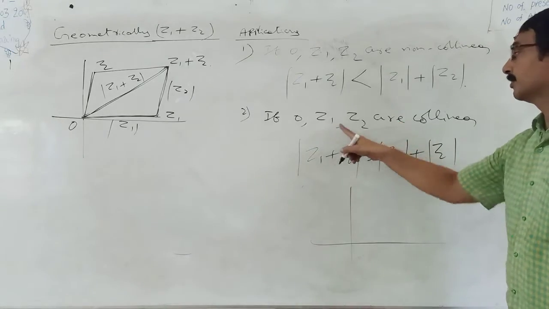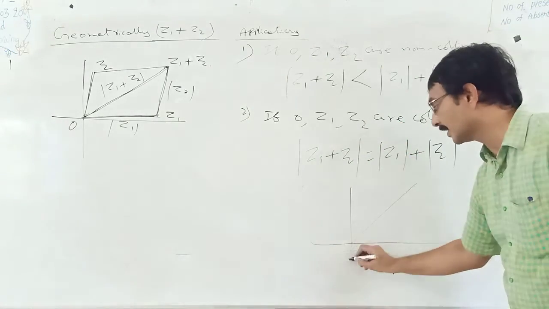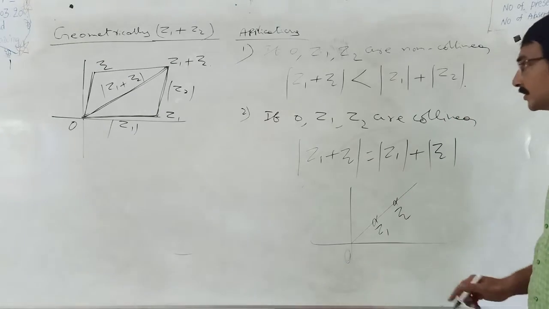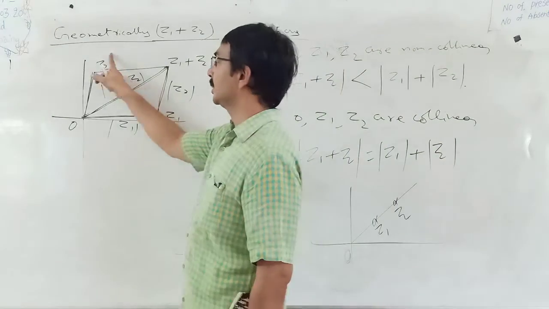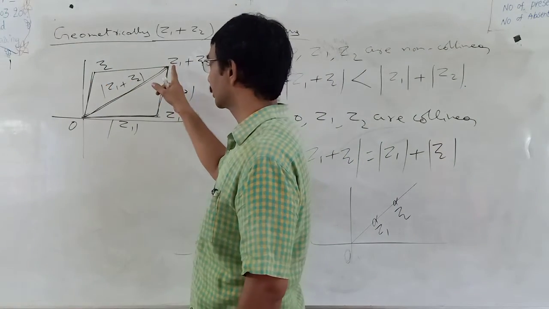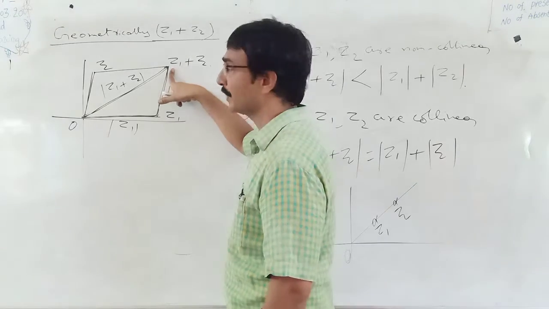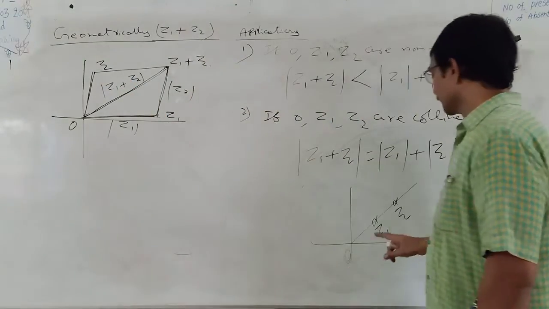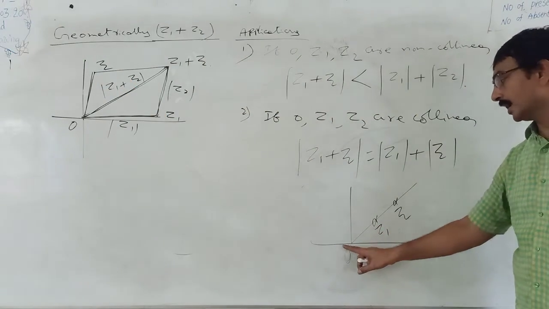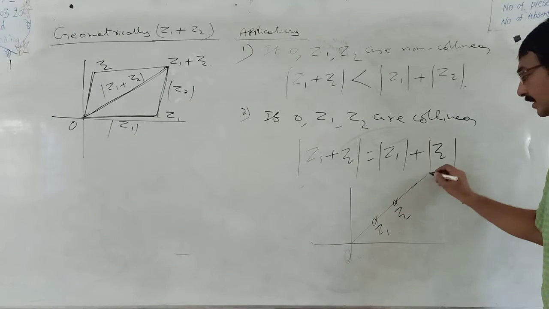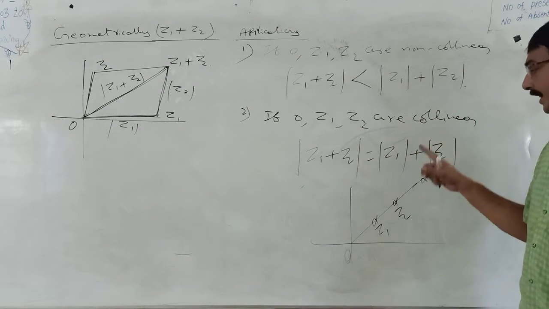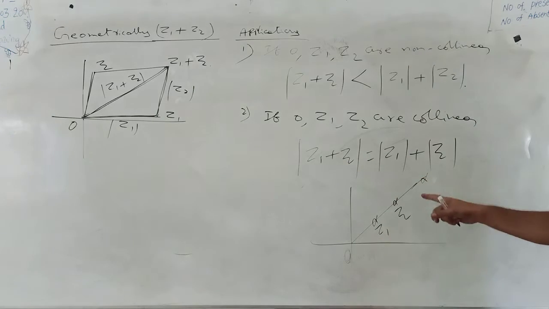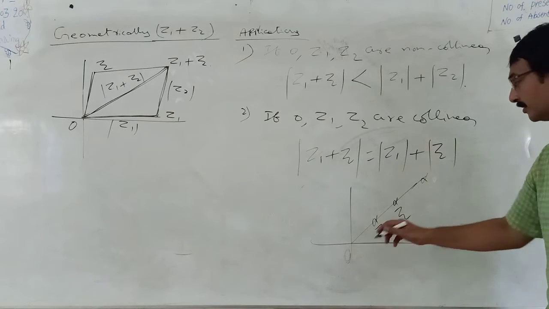If Z1, Z2 are not collinear with origin, the fourth vertex Z1 plus Z2 is the fourth vertex of the parallelogram formed by the 3 points 0, Z1, Z2. If Z1, Z2 are collinear with origin and lie on the same side of origin, then Z1 plus Z2 exists on the same line at a distance of mod Z1 plus mod Z2 from origin.